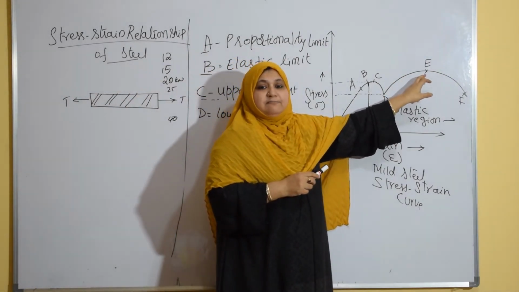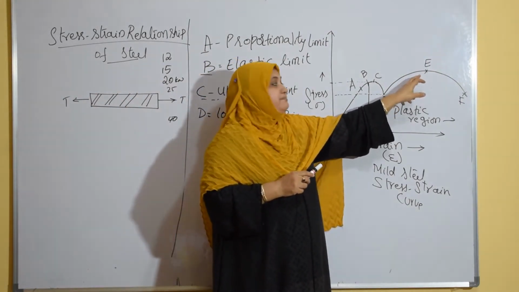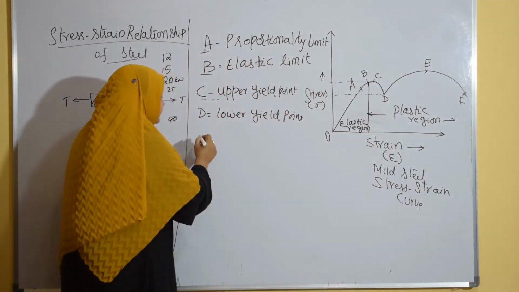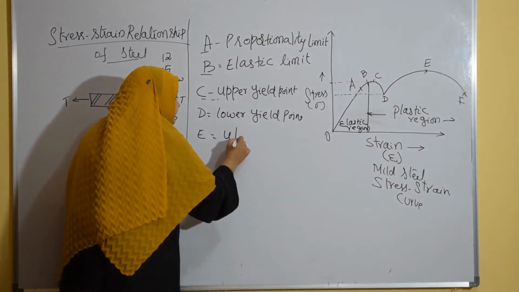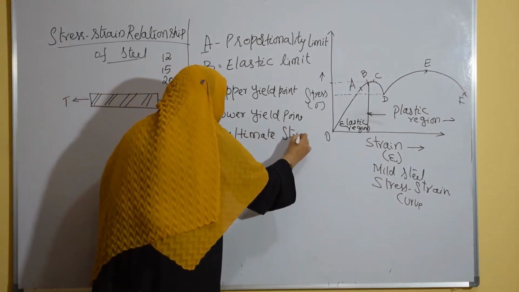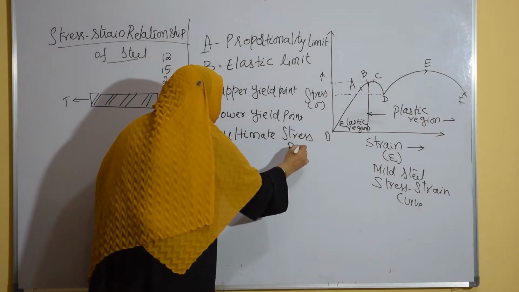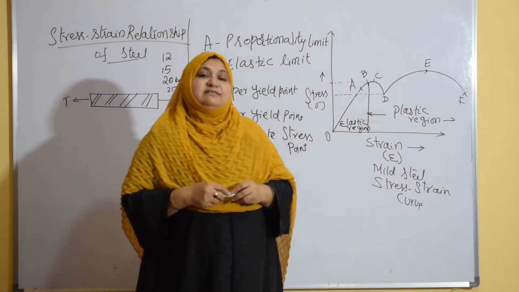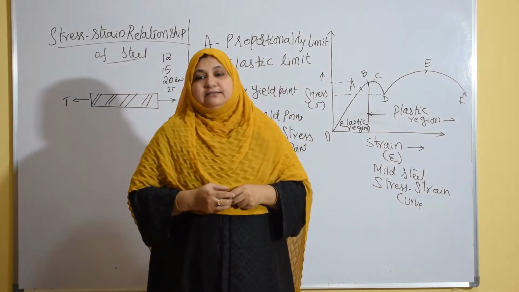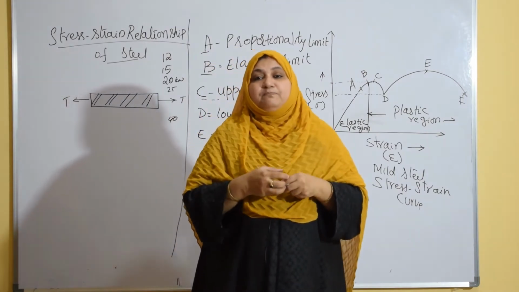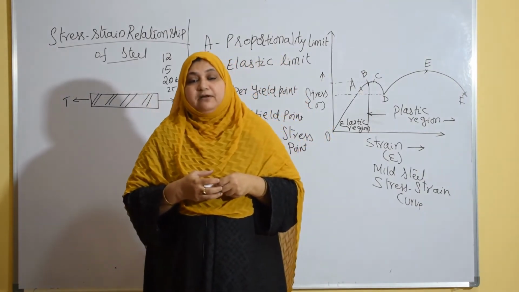There will be a significant amount of deformation and the curve will reach a point E, and that point is called the ultimate stress point. Here the material won't fail. It will be in a deformed shape, but it will not fail.